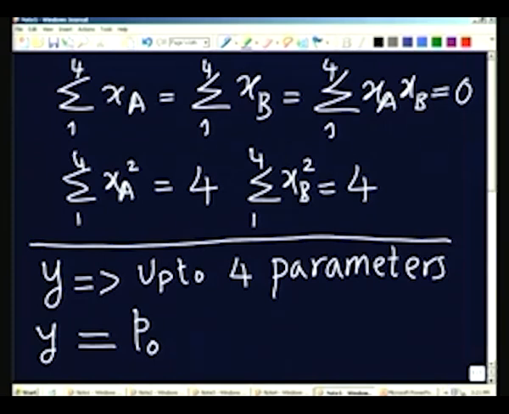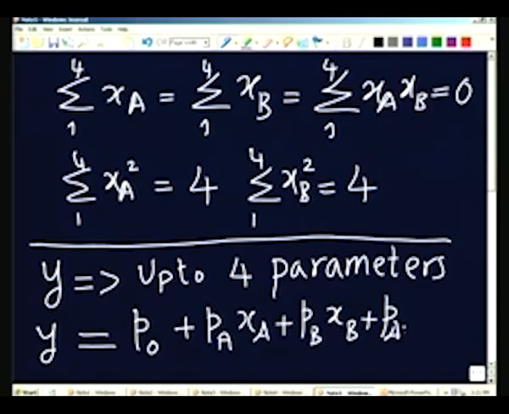That is, in fact, we will show later that there is the mean value, P naught, plus PA XA plus PB XB plus I will say PAB XA XB. This is the relationship between y and the parameters xa, xb and the interaction parameter. xa, xb is nothing but the interaction between the 2 factors.